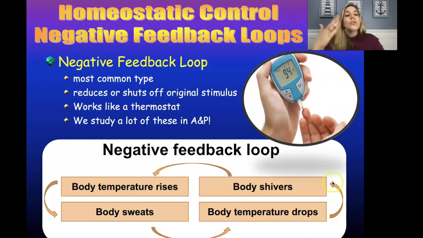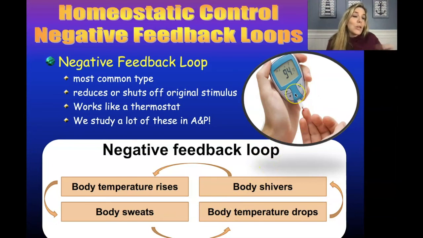So it's going to send messages back to our muscle cells that are going to cause the muscles to shake and shimmy. And that shivering is going to generate heat, which is going to bring our body temperature back towards 37. And again, if temperature goes too far above 37, brain says, okay, kick back in the sweat glands and bring it back down. So our body is constantly doing this kind of thing.